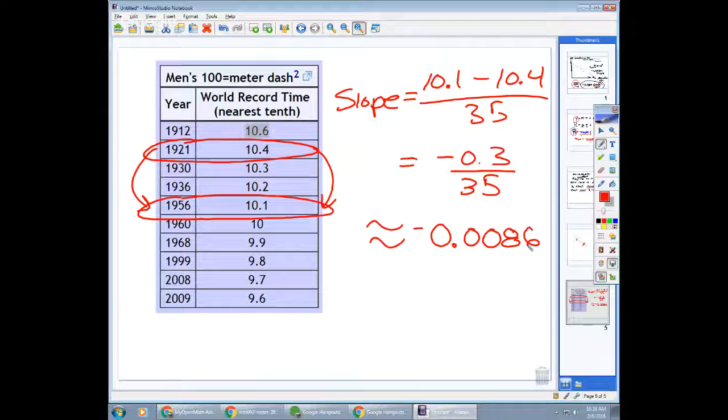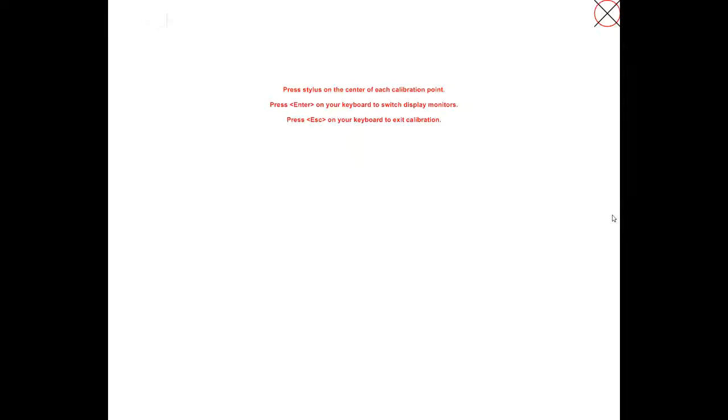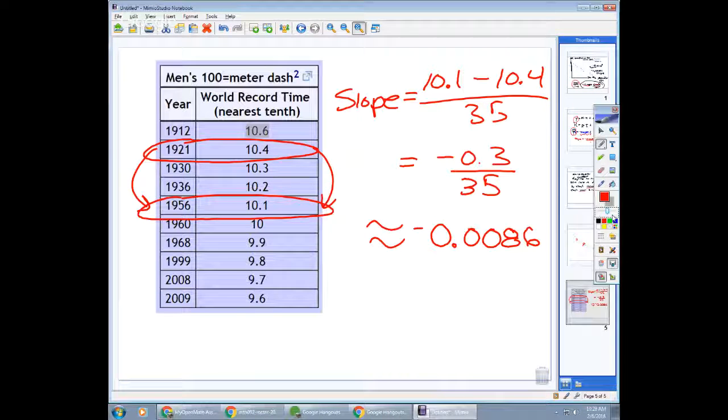So next we have to identify a y-intercept. And there's a couple of ways we can do that. So I'm going to do it by just considering the equation y equals mx plus b.